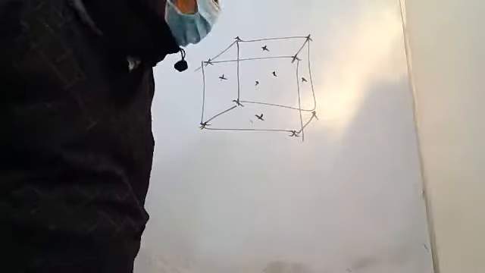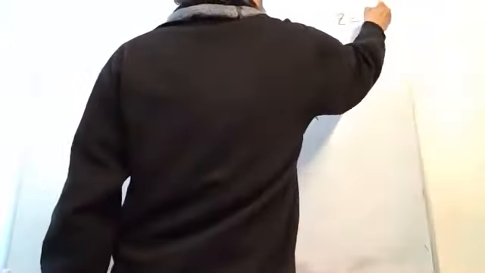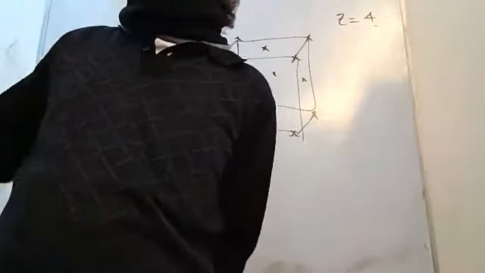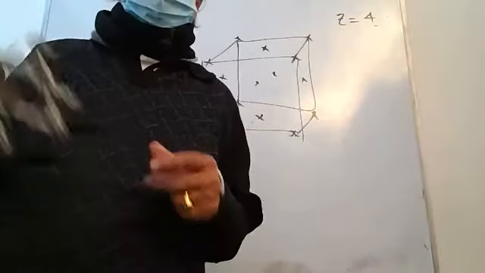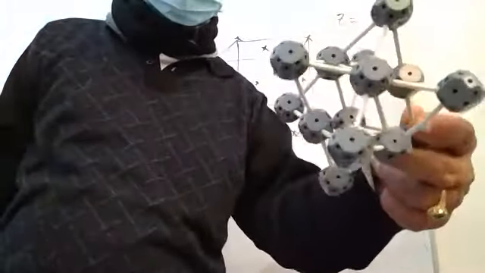This is a face-centered cube with an effective number of 4 atoms per unit cell. I think we talked about this before. I can show you a picture of this. This is a face-centered cube here.